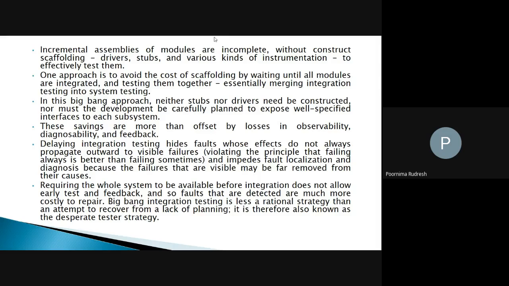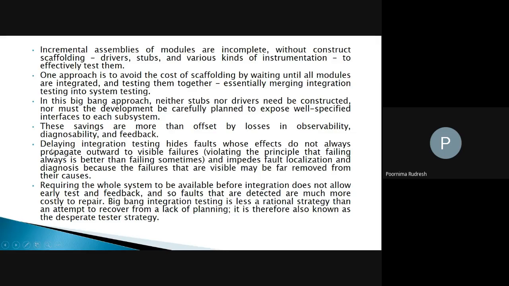If we are mainly concentrating on minimizing the cost, then we wait until all the modules are integrated and tested, and then the cost of scaffolding will be minimum, right? In this Big Bang approach, neither stubs nor drivers need be constructed, nor must development be carefully planned to expose well-specified interfaces to each subsystem.